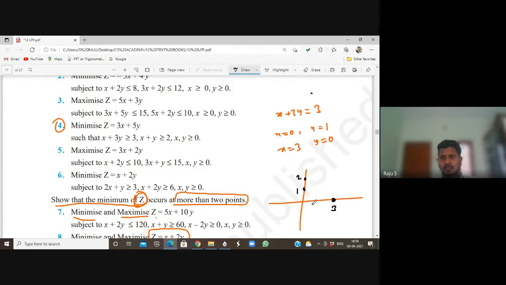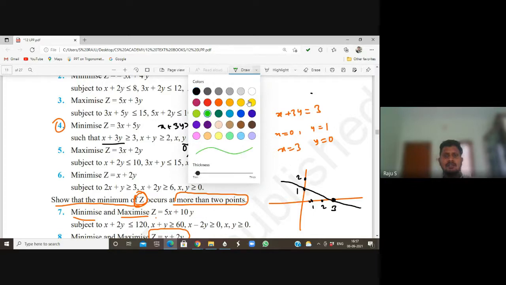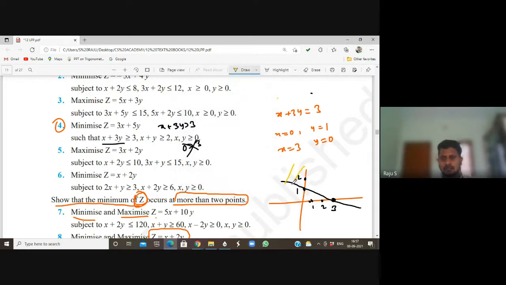You can join them, we will get a line. But here it is x plus y greater than 3. When I take the inequality greater than 3 and substitute 0 comma 0, 0 is greater than 3. Is it true? No. So the solution region in this case we get like this.